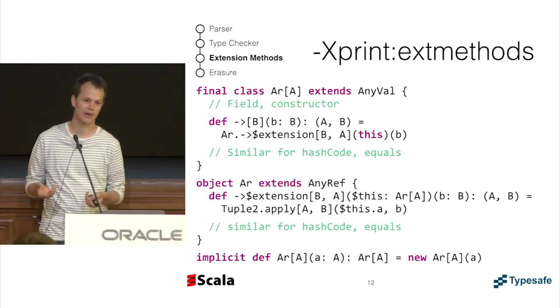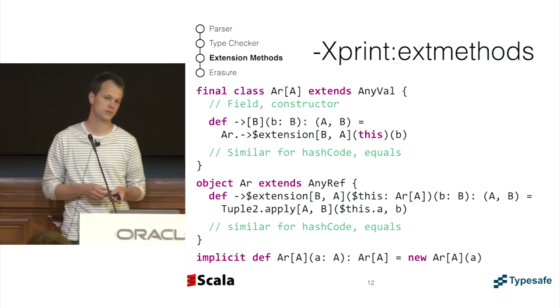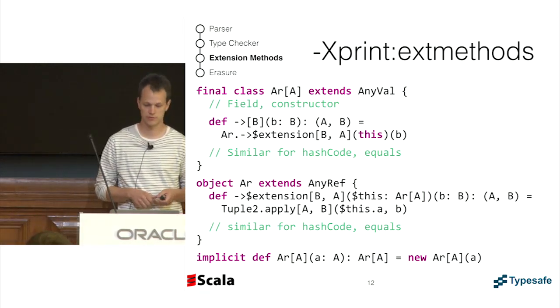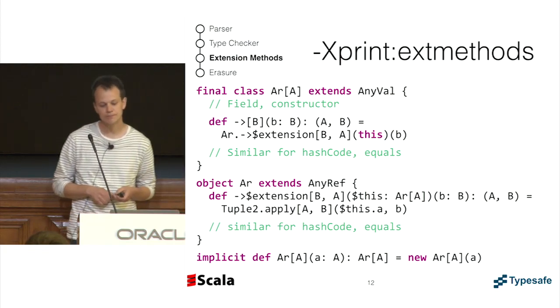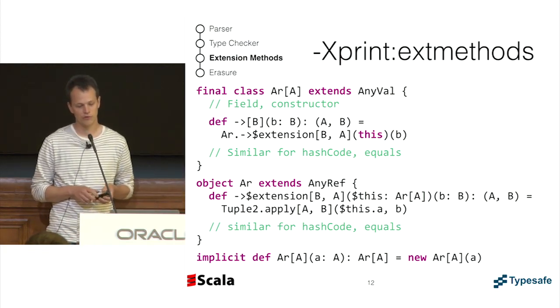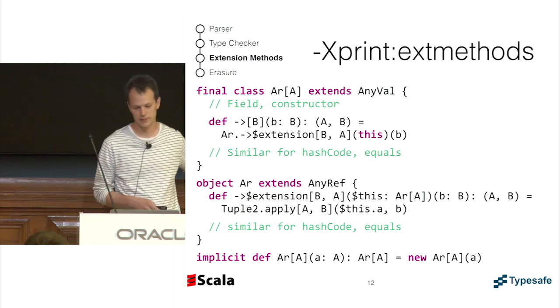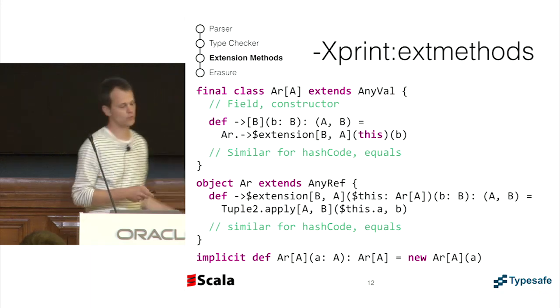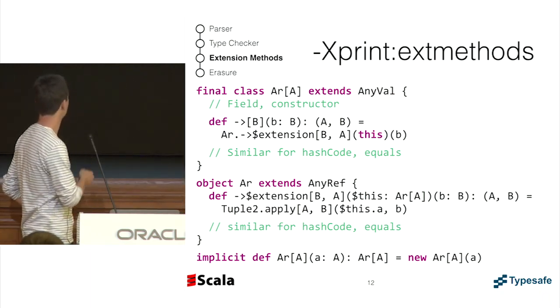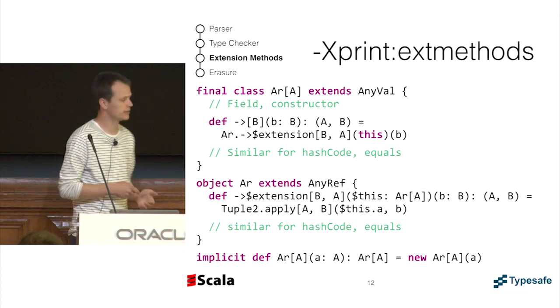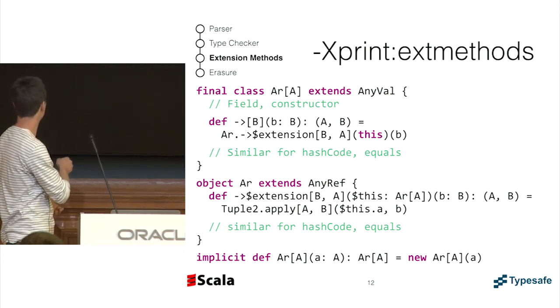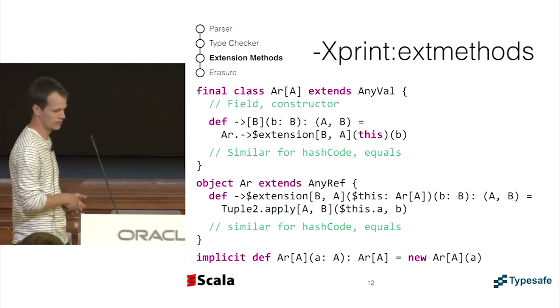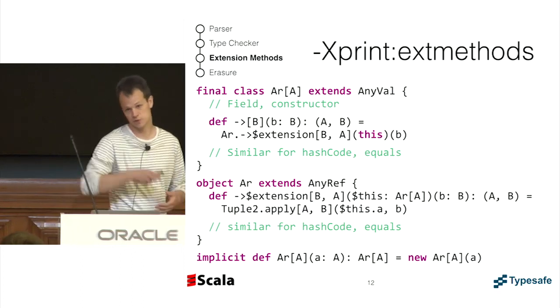You can think of methods in a companion object as static methods in Java. It's really quite similar. So for every method in the value class, a new method is generated in the companion object. It takes one more parameter, which is the receiver. And then the actual implementation ends up in this companion, and the original method that we had in the value class just forwards to that.